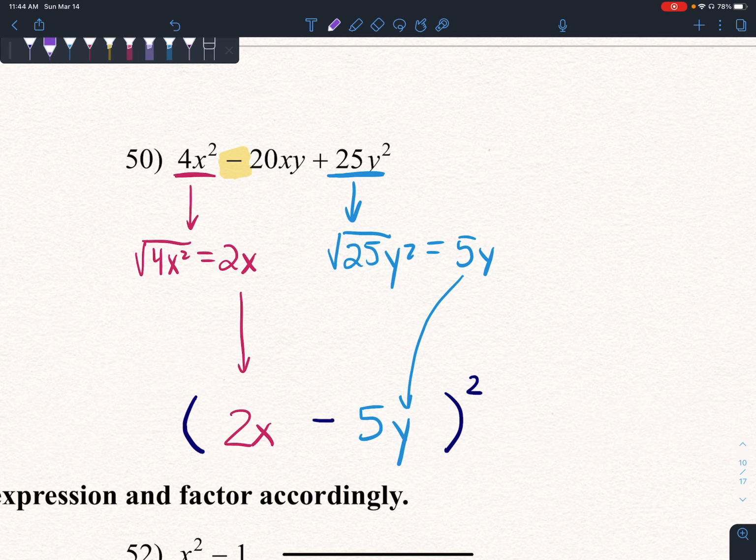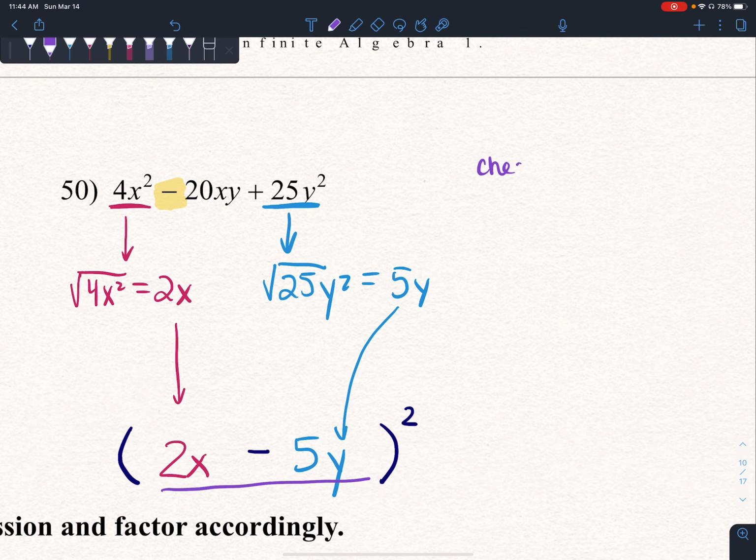And then we check this over here. If we do check, we do 2x times, and now because we put this minus, we're doing times minus 5y. And then all of this would be times 2, so 2 times.